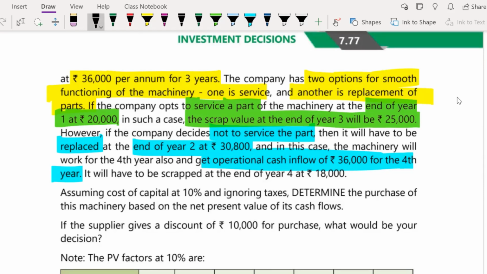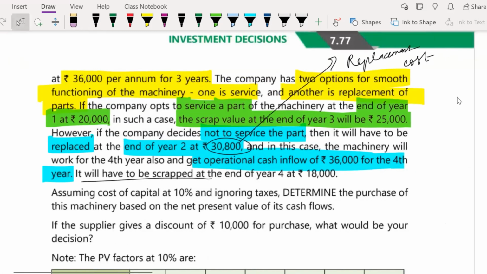I'm sorry, this 30,800 is the replacement cost. The machinery will work for the 4th year also and give operational cash inflows of 36,000 for the 4th year. I'll complete the question and get back to the doubt. It will be scrapped at year end 4 for 18,000, so you will get a cash inflow of 18,000 at year end 4 if you replace a part of the machine.